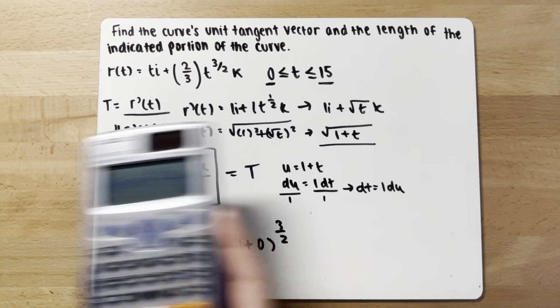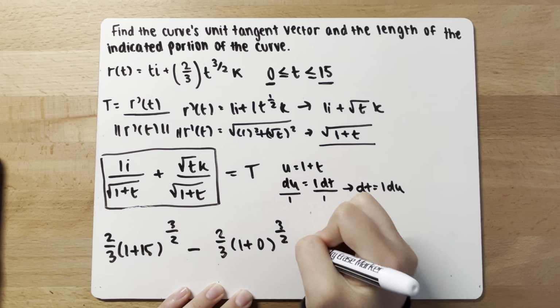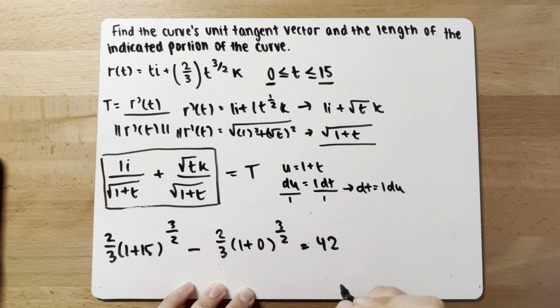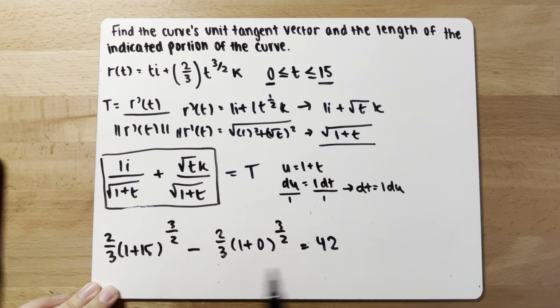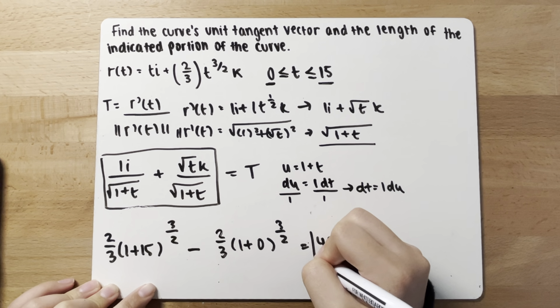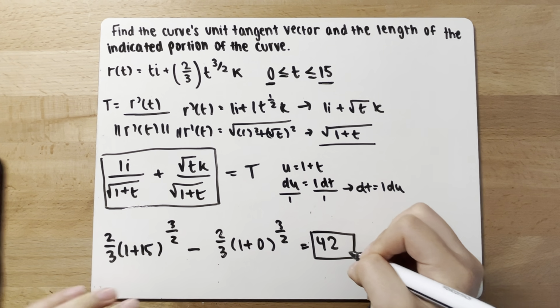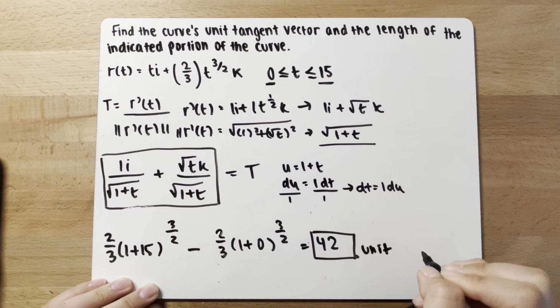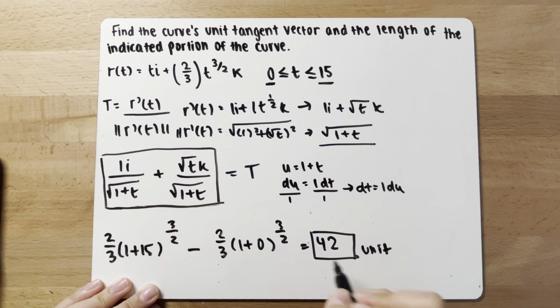You have 42. So the arc length, which is the length of the indicated portion of the curve, is 42 units. There you go. You have the unit tangent vector and then you have the arc length.